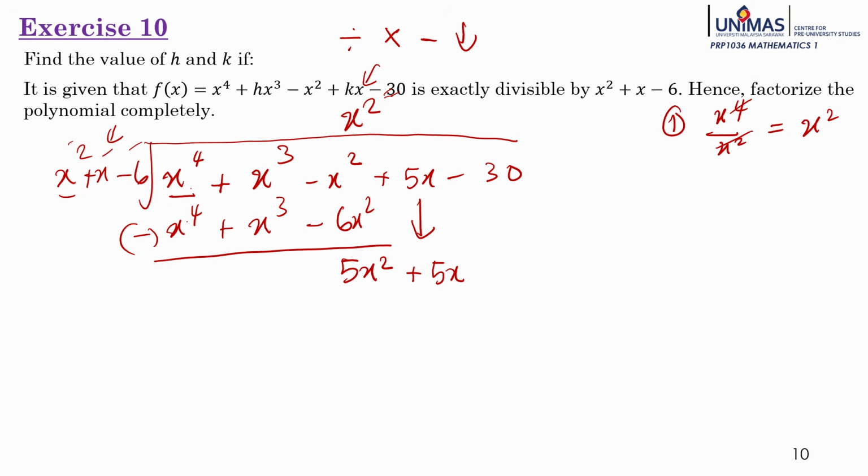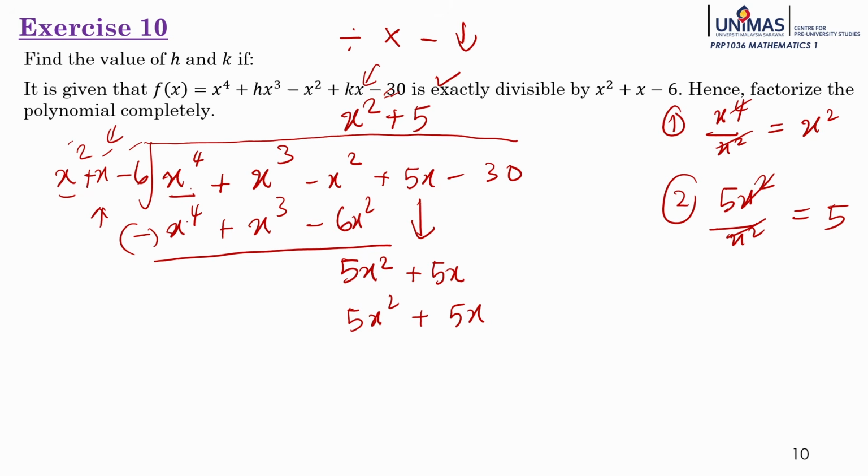And then repeat again. So 5x squared divided by x squared, we can get positive 5, so plus 5. 5 times this one gives 5x squared plus 5x, minus 30. Here we also put down, and then minus, we get the answer 0. So that's why the remainder is 0, because it is exactly divisible.